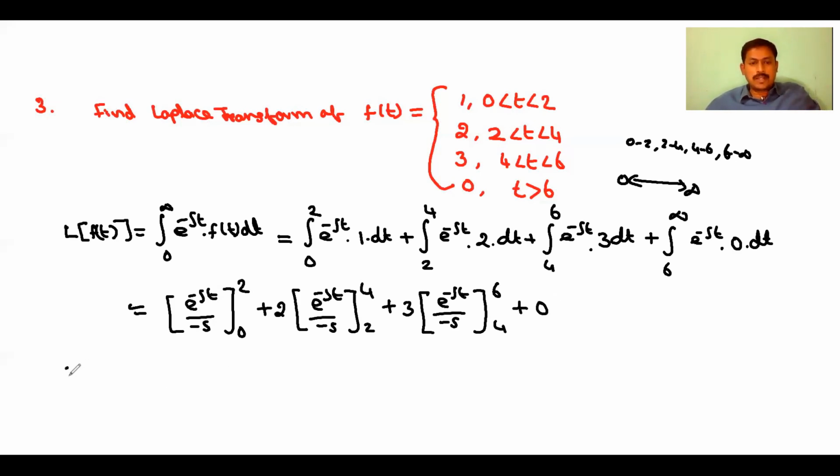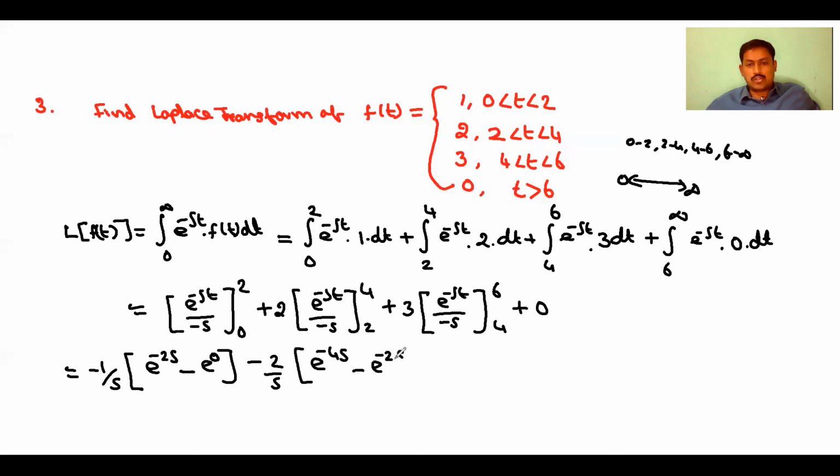If you apply the limit for the variable t, e power minus 2s is your upper limit, e power 0 is your lower limit. Minus 2 by s we have taken out, and here e power minus 4s minus e power minus 2s, the lower limit. Here minus 3 by s we take out, and here e power minus 6s is your upper limit, minus e power minus 4s is your lower limit.